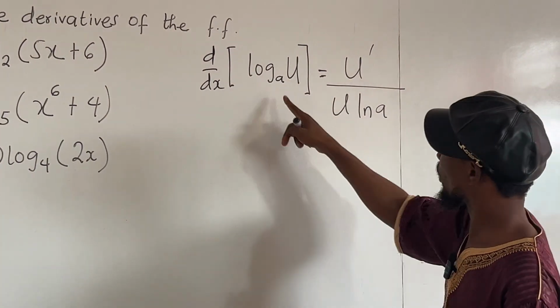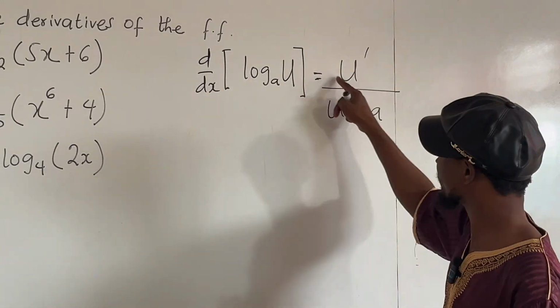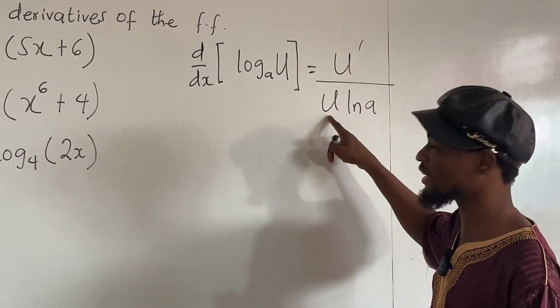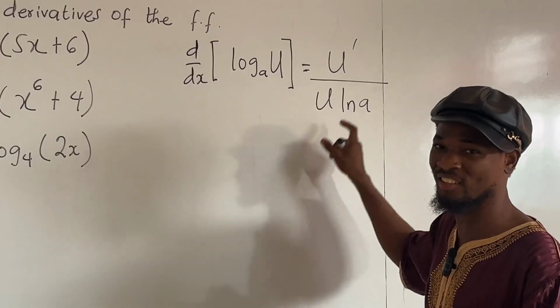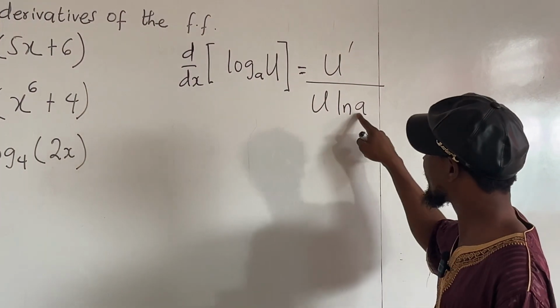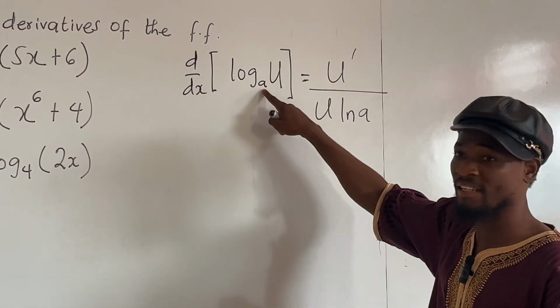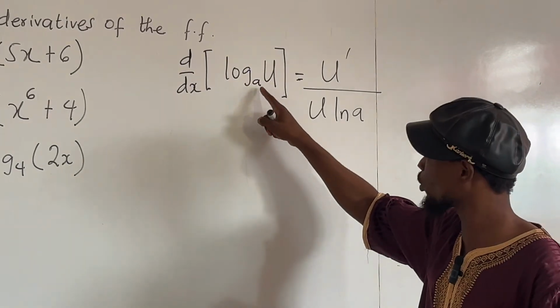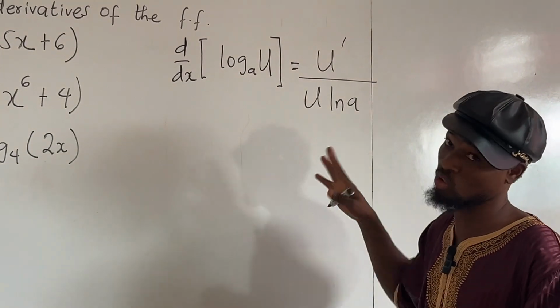We differentiate the function u, which gives the u differential, and u is the original function in question. And this a simply represents the logarithm base.